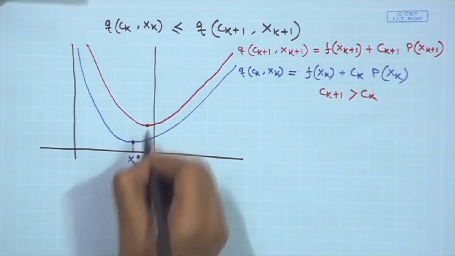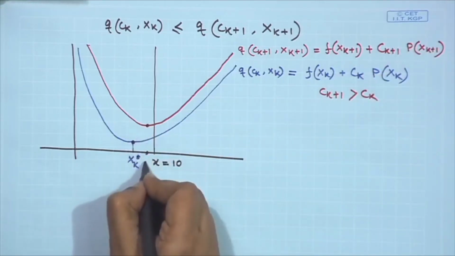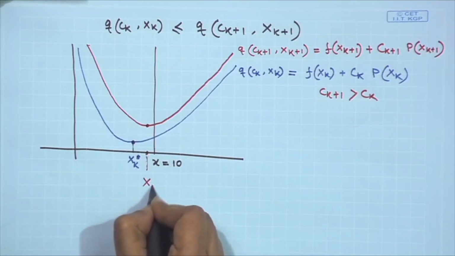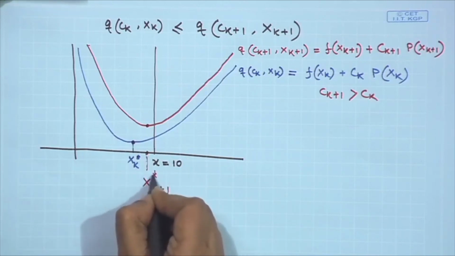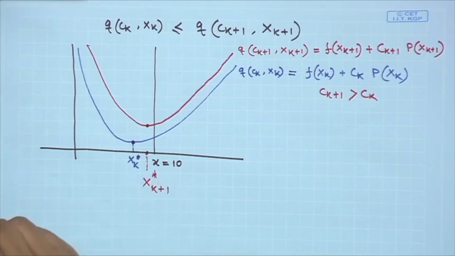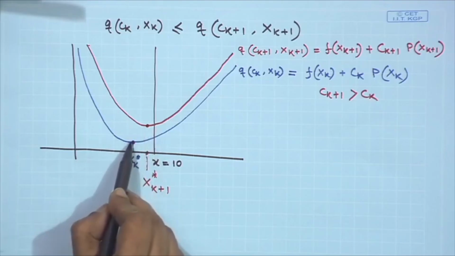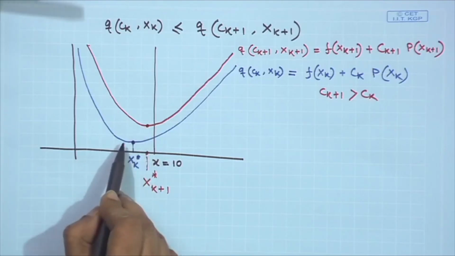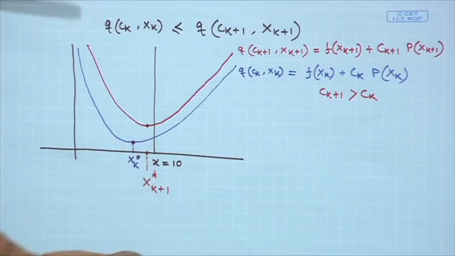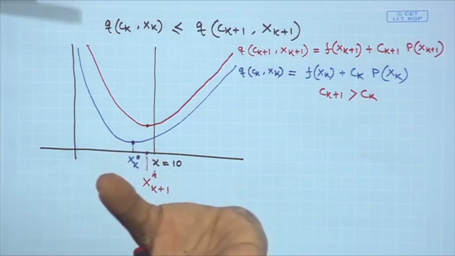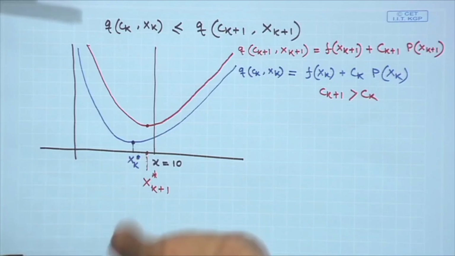Say this is the optimal solution for this. That is why this value is coming as x_{k+1} star. Okay. And as you have seen, in the exterior penalty function method this is moving this way. We are getting a sequence of optimal solutions, and the limit point of the sequence is the optimal solution of the original problem. That is the method for this case.